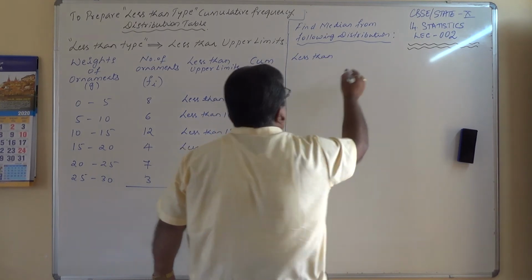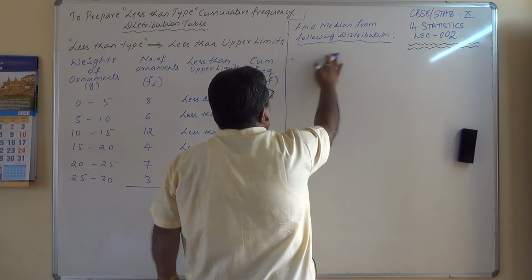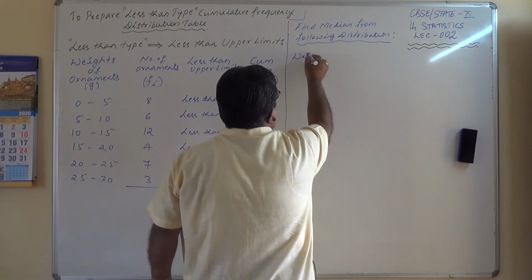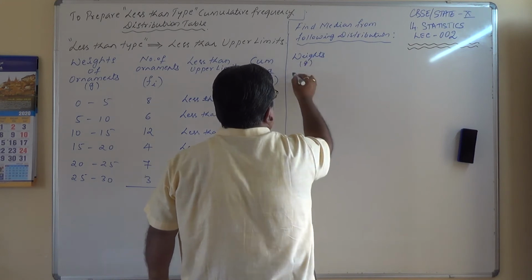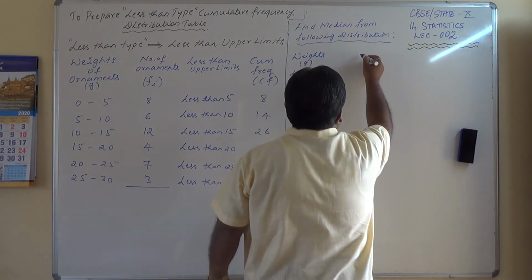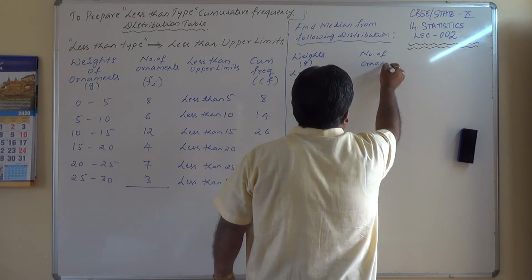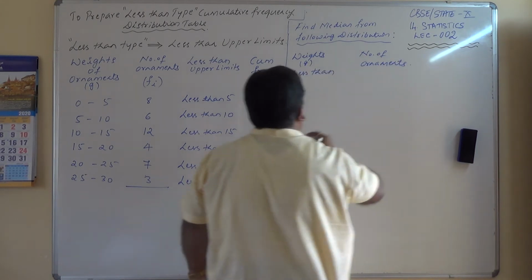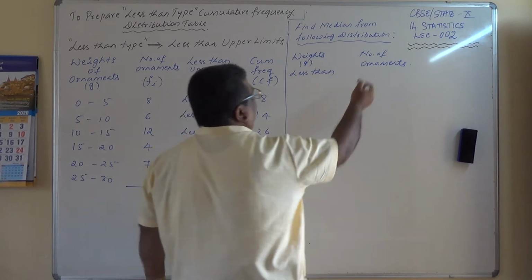Weights in grams, that is less than, and number of ornaments. Okay, weights less than and number of ornaments.